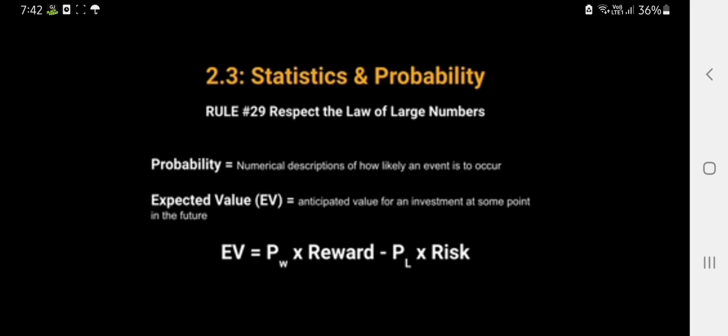On the screen, with definitions, are 2 important definitions, which are probability and expected value, or EV. The probability of something is just a numerical description of how likely an event is to occur.